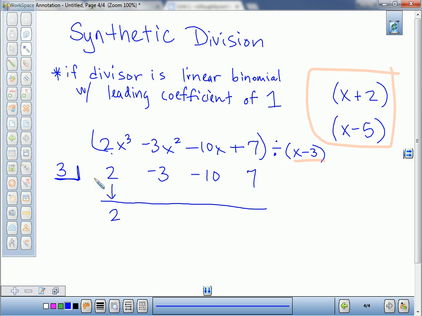No matter what this leading coefficient is, it gets brought down every time. And then we multiply what's on the table times this coefficient we just brought down. So 3 times 2 is 6. And then we add. Negative 3 plus 6 is 3.